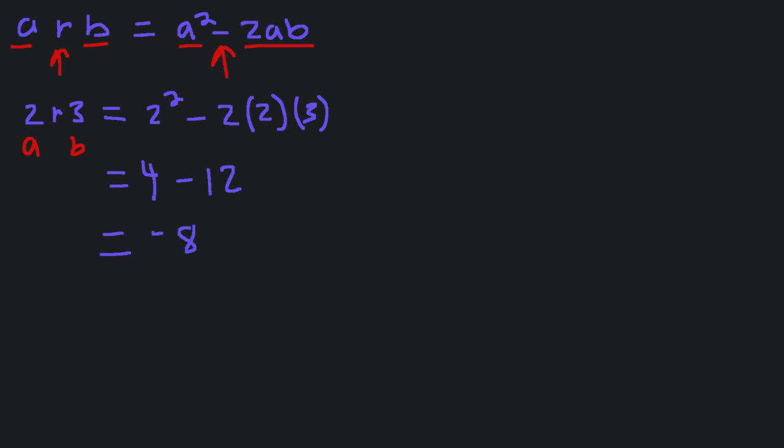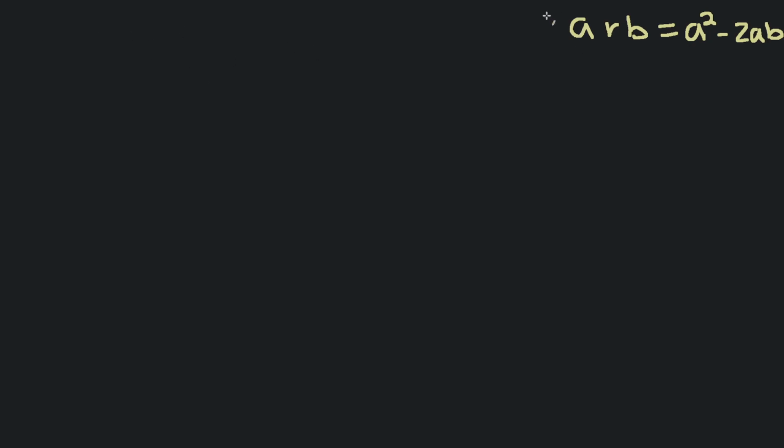Okay. So now let's look at the actual problem, and I'm going to rewrite this equation over here. I'll put it in a different color. a ⊗ b equals a squared minus 2ab.